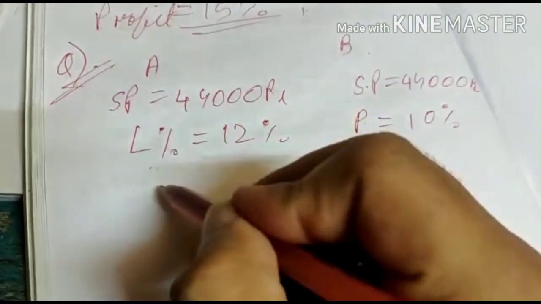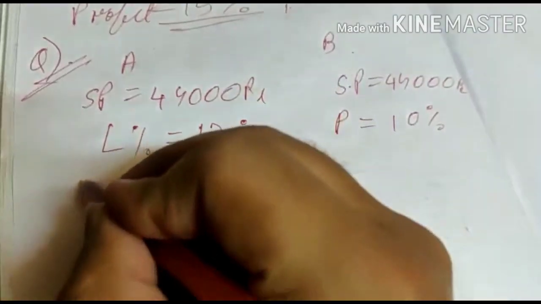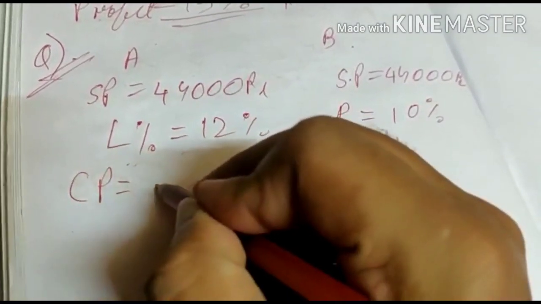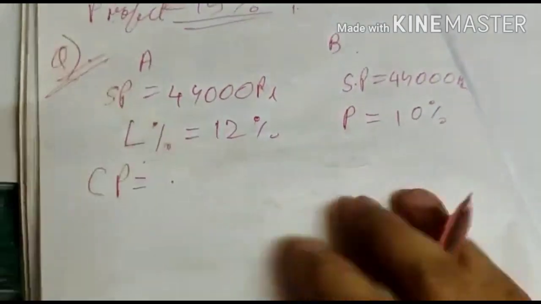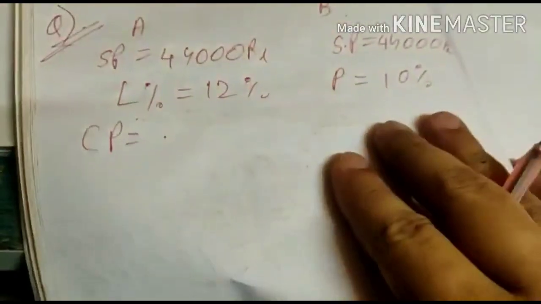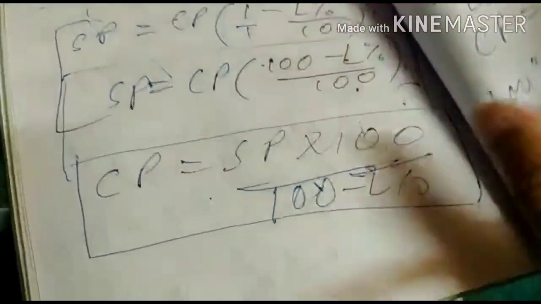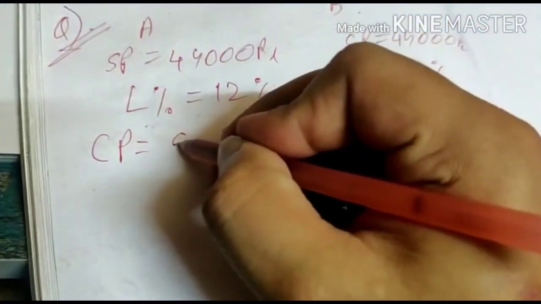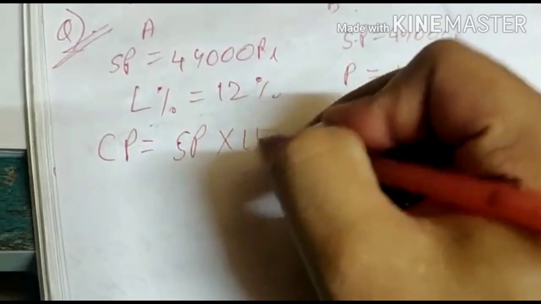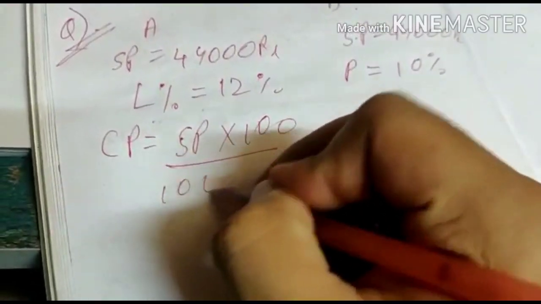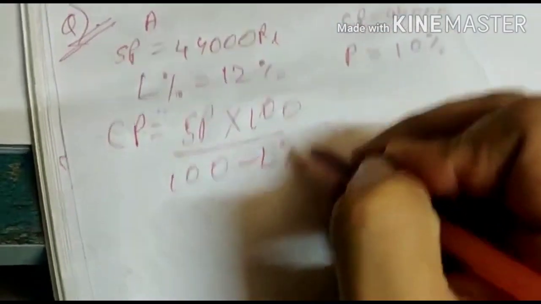So here it is loss percent, so we'll apply this formula. We'll find the CP here. CP will be SP into 100 upon 100 minus loss percent.